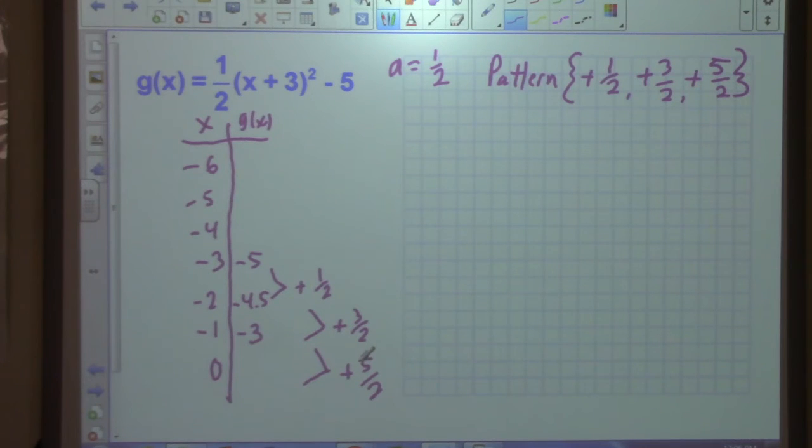And then the next one's going to be -0.5, or -1/2. And so now what do we do over here? Same thing, we just take the same numbers.